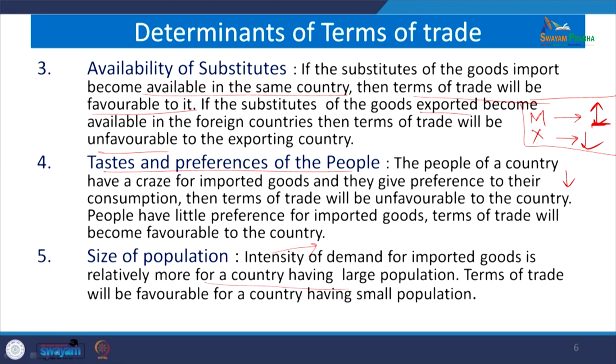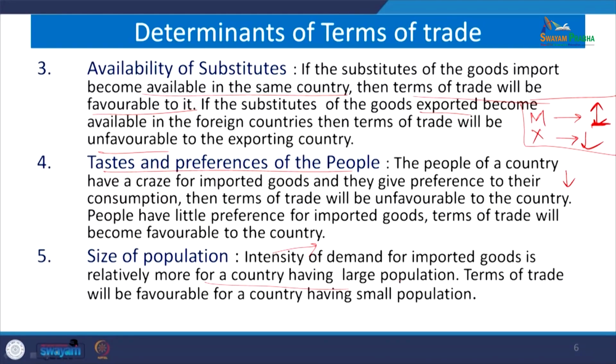Wherever population is more, there are high chances of import prices being lesser, because they capture a larger population. Terms of trade will be favorable for a country having a small population. Now, the argument is that it depends upon the volume of quantity consumed of the importable, and then it will be disfavorable to the country's terms of trade.